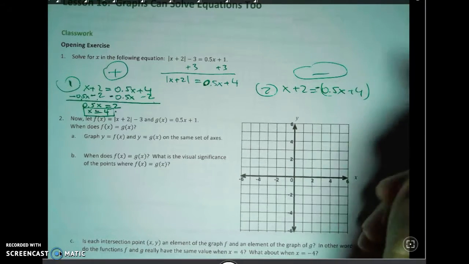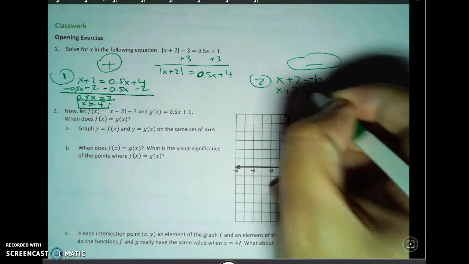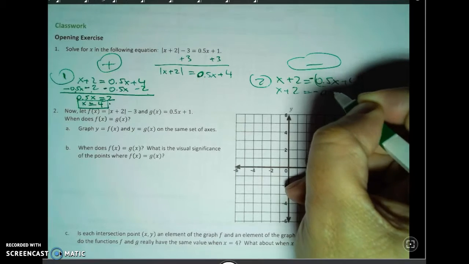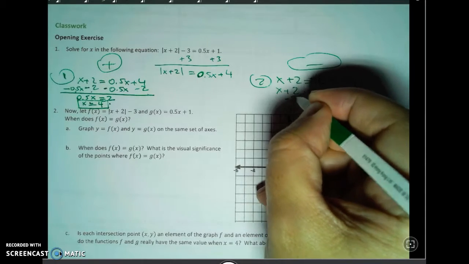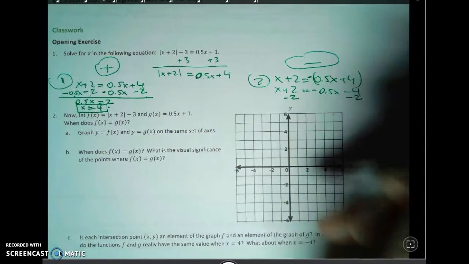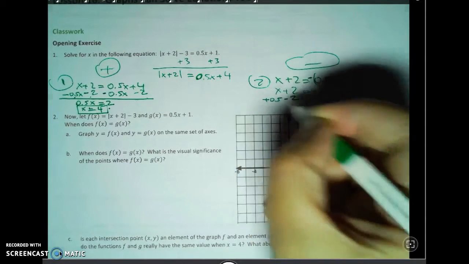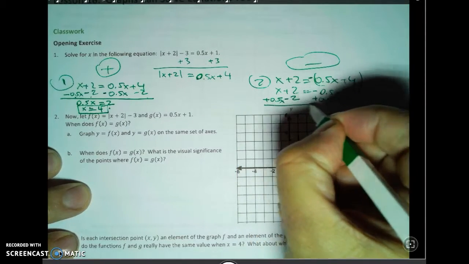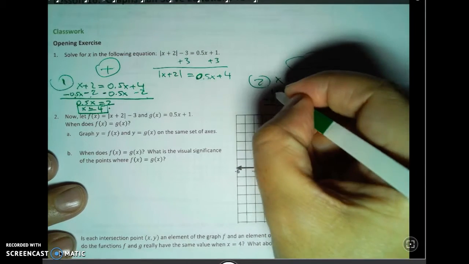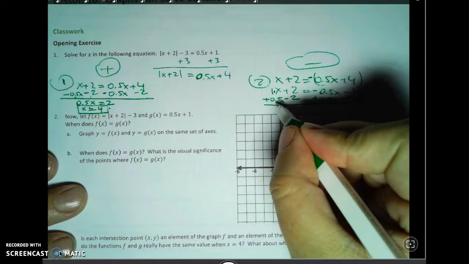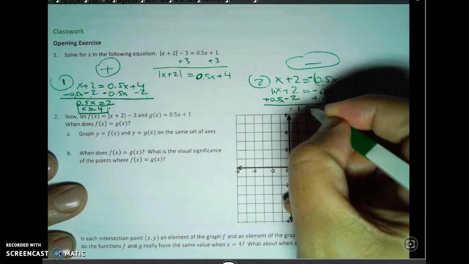In this case, it's a bit more complicated because we have the negative. So we have x plus 2 stayed the same, equals negative 0.5x minus 4. Now I subtract 2 on both sides and also add 0.5x on both sides. I'm trying to do it simultaneously because now we know how to solve these. 1x plus 0.5x gives us 1.5x.